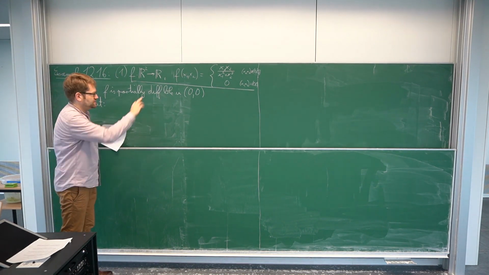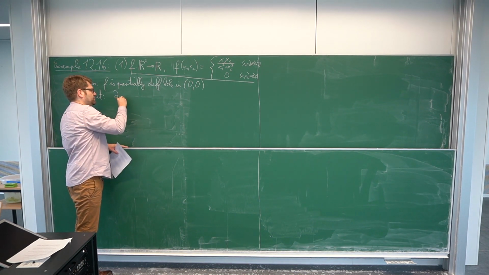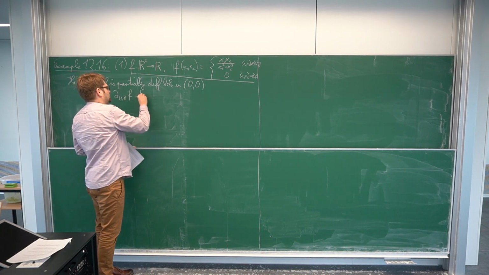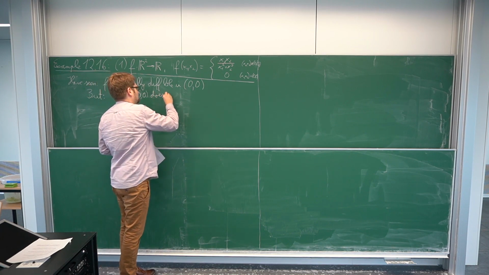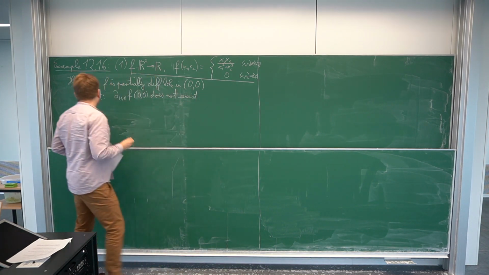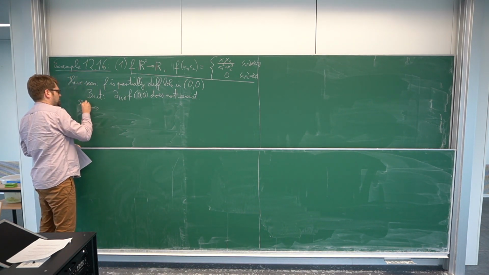We computed explicitly that if we insert the vector (1,1) as a direction, the directional derivative of f in (0,0) does not exist. So the previous theorem implies it cannot be differentiable, because then this must exist.